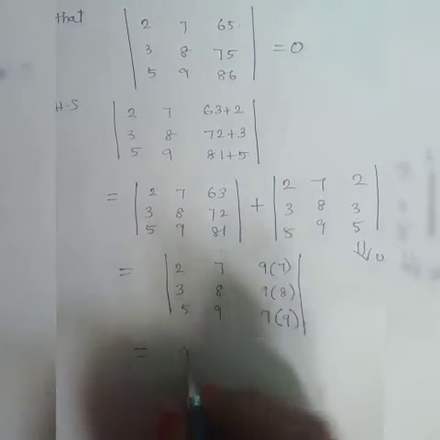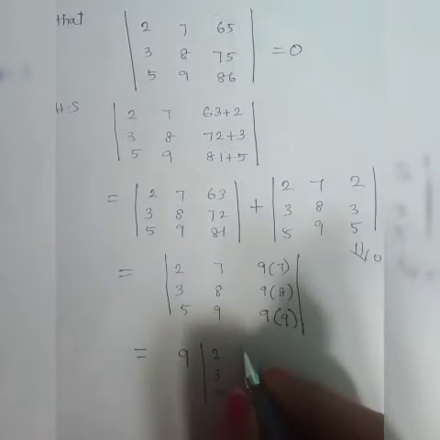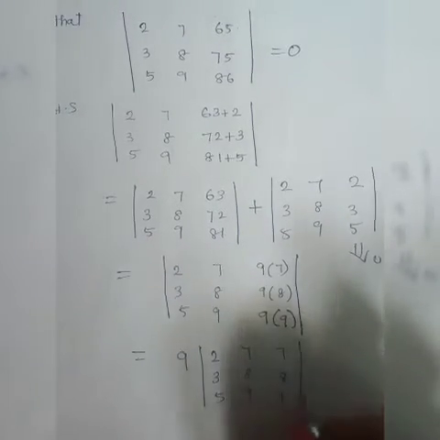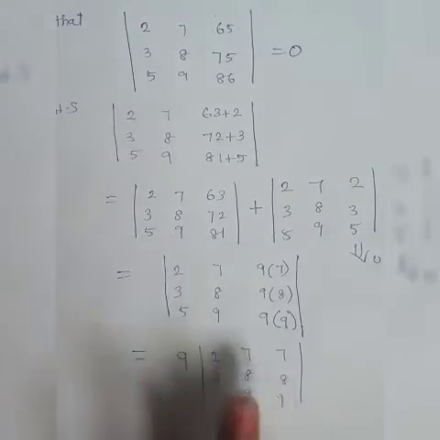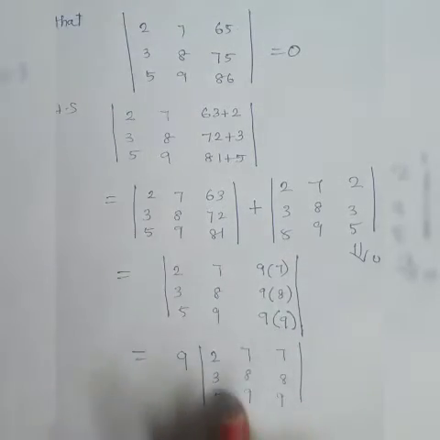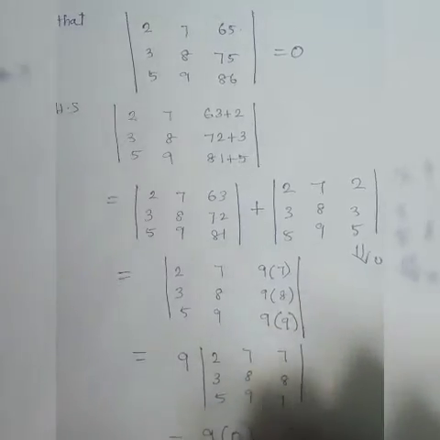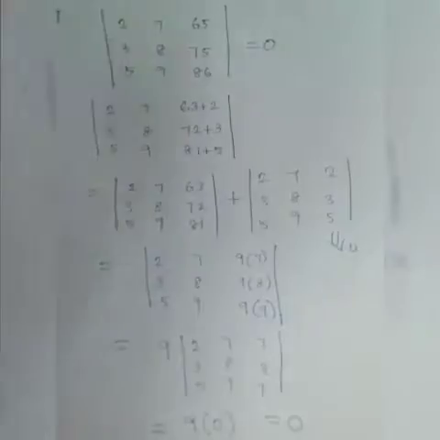So I can write this as 9 times the determinant of 2, 3, 5, 7, 8, 9, 7, 8, 9. Now we have two similar columns, C1 and C3 are similar. So the determinant value is 0. So we proved that this determinant value is 0.